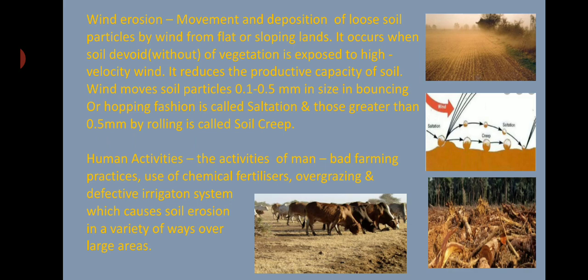Such movement reduces soil productivity. If the size of the soil particles is between 0.1 and 0.5 millimeter and they are moving in a bouncing fashion, such movement of loose soil is called saltation, and when they are moving in a rolling fashion, that is called soil creep.